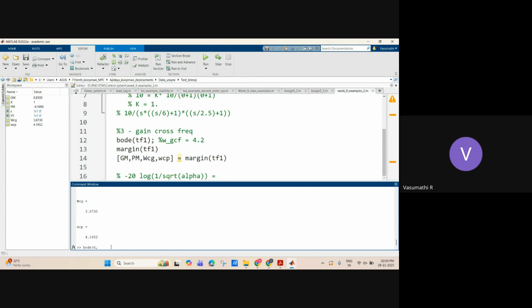I don't remember exactly the formula. Bode of TF1, if I try omega minimum, this will give me minimum and maximum of omega. Okay, I can't remember it.